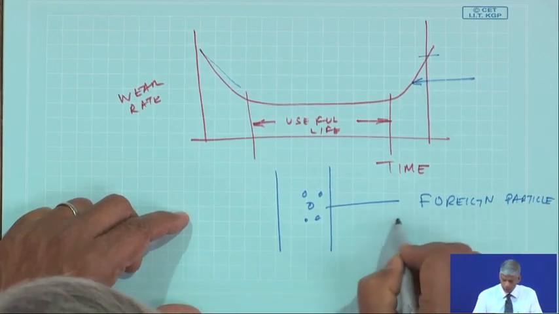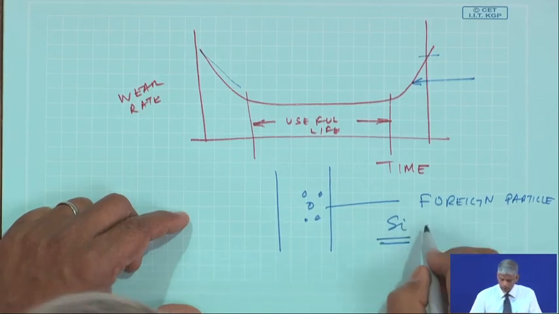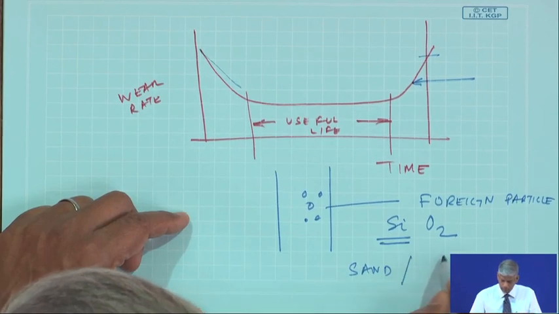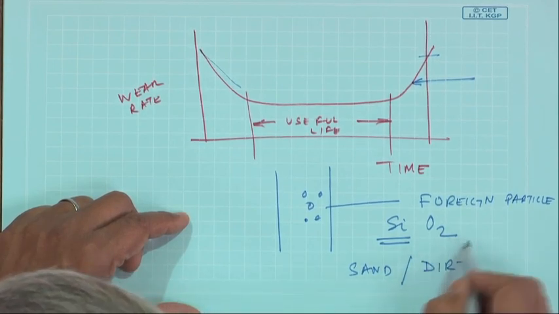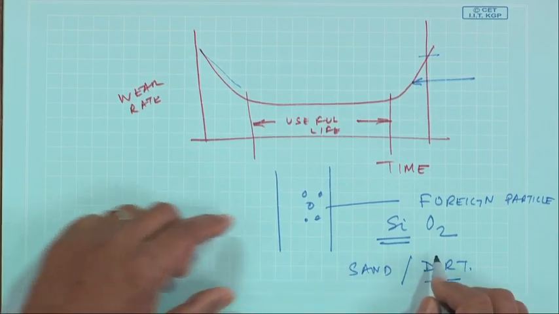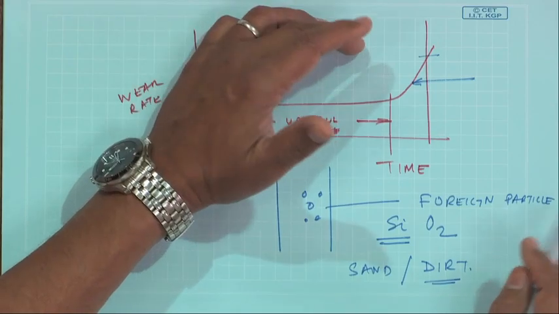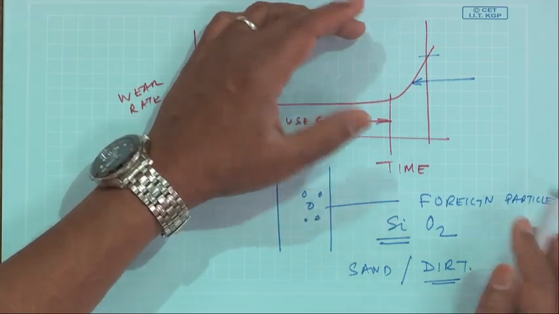Usually silicon, because of silicon dioxide, sand, dirt, okay, they can get trapped in the lubricating oil because of very bad environmental conditions in a dusty environment.